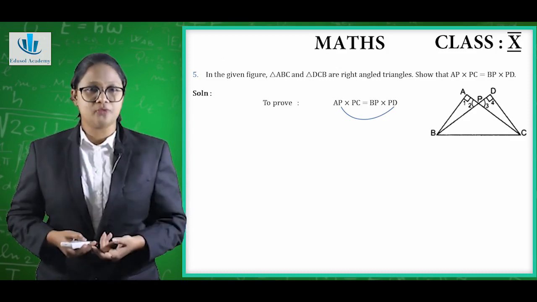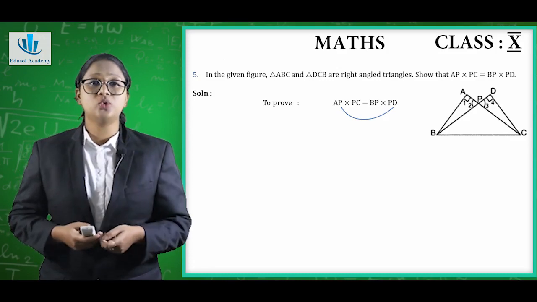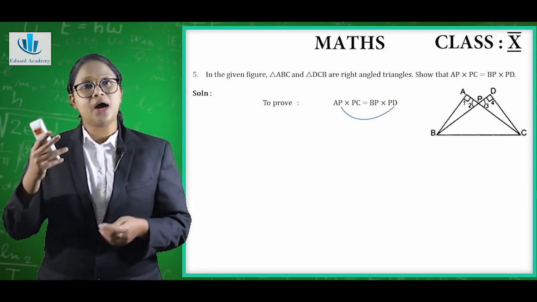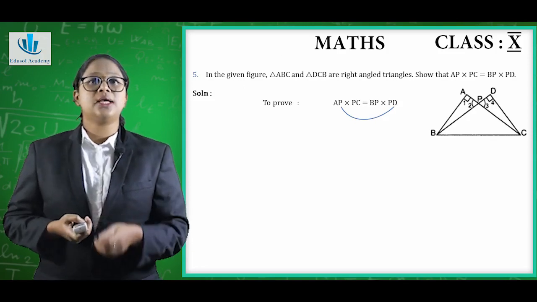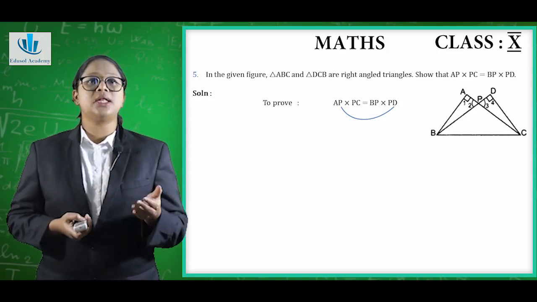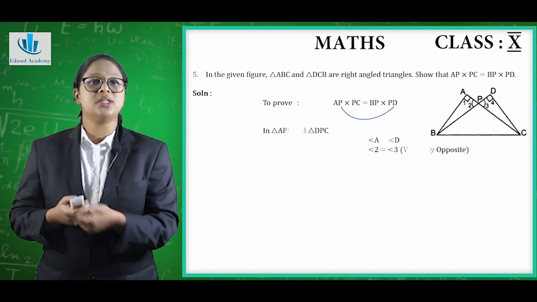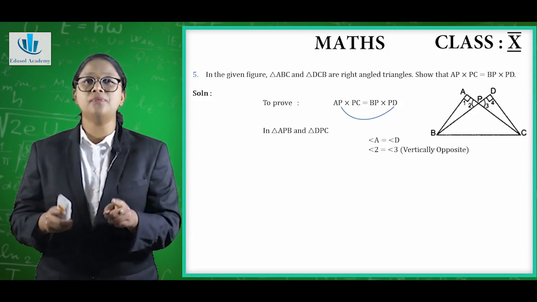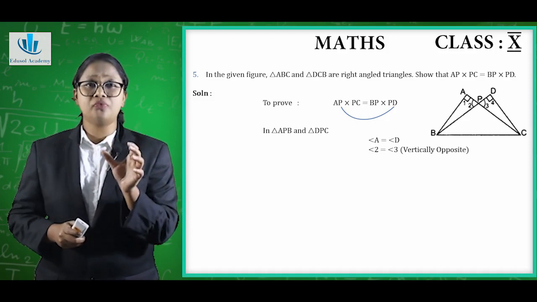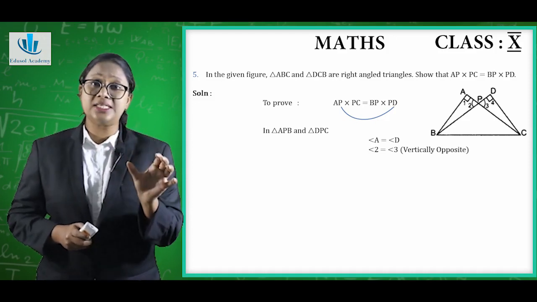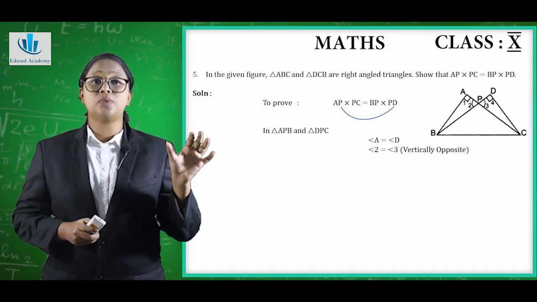So when these types of questions come, what you have to do is transpose parts to the other side. For example, you can take BP to the other side and PC to the other side. I'll repeat it again. What we have to prove is AP into PC is equal to BP into PD.